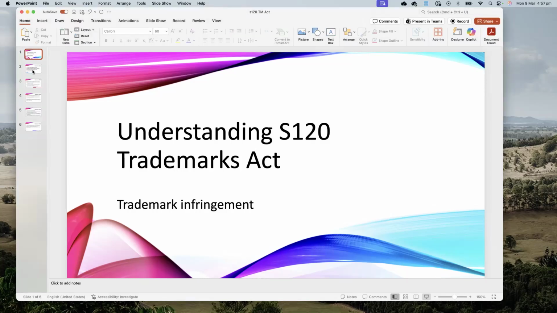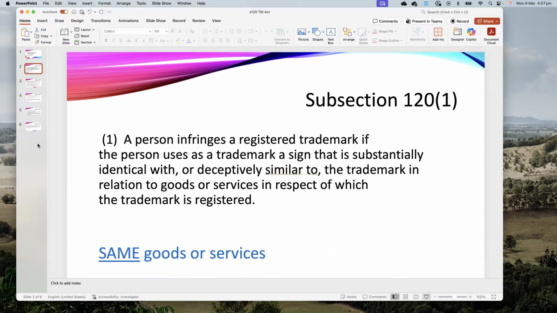So let's take a look firstly at subsection 1. Subsection 1 says that a person infringes a registered trademark if they use a trademark as a sign that is substantially identical with or deceptively similar to the trademark in relation to goods or services in respect of which the trademark is registered.